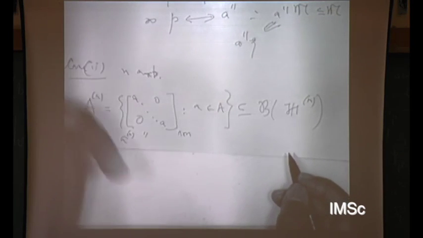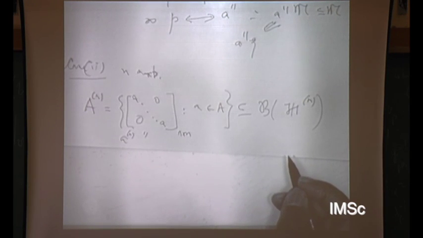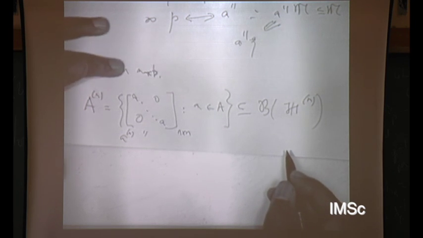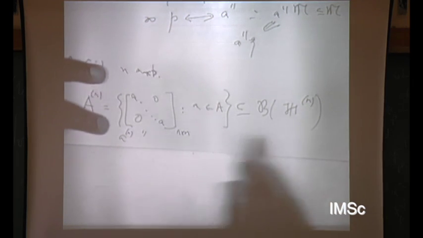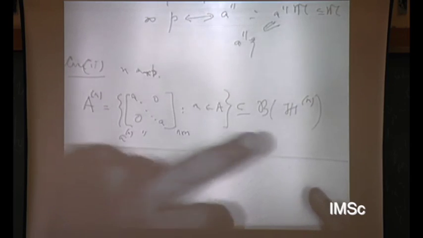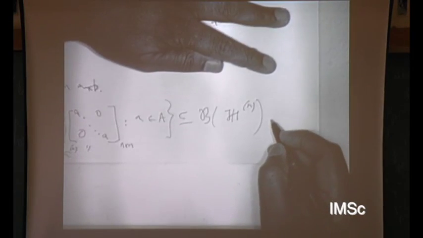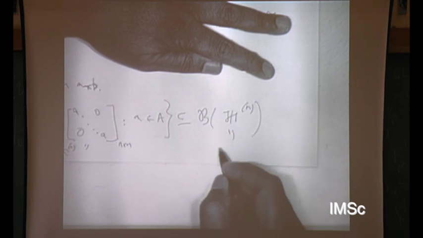It is the operator which sends ξ1, ξ2, ..., ξn to Aξ1, Aξ2, ..., Aξn. So in this we made this identification of B(H^n) with Mn(B(H)).